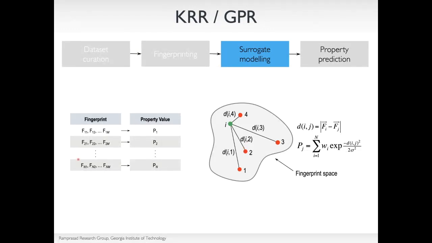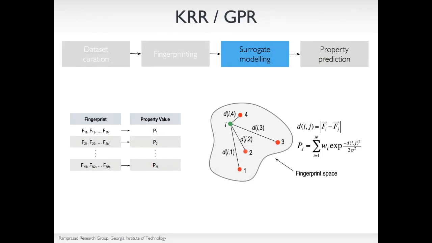So look at the picture on the left. Just a reminder, it's a small part of our data set. We have fingerprinted them and we have the properties. And our goal is to map the fingerprints to the properties. Find the functional dependence. Find a function that connects F to P. That's the goal. So you have 1 through n cases for which you know the P value.